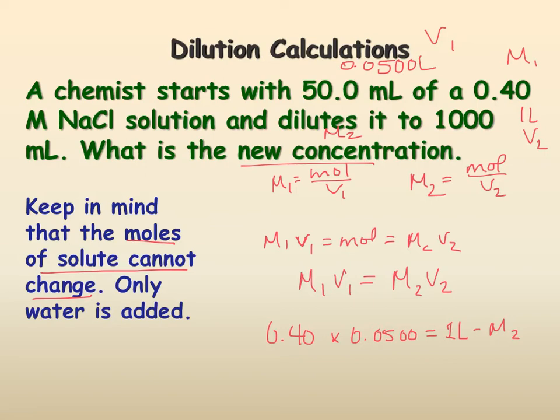So ultimately you end up dividing by 1. So your new solution molarity is going to be 0.4 times 0.05, or 0.020 molar. Okay? Just some simple algebraic application of your molarity equation.